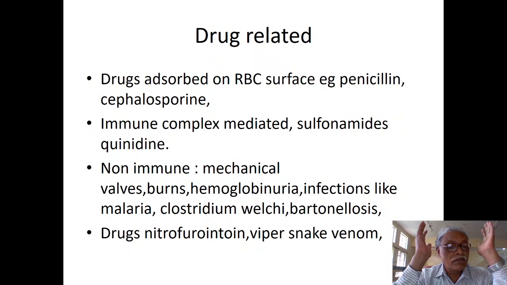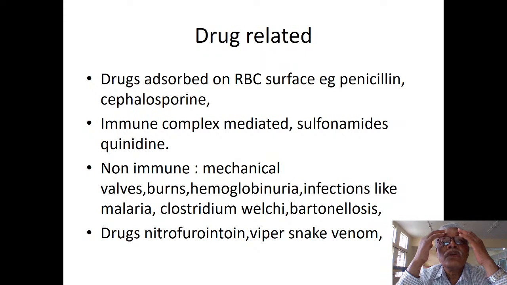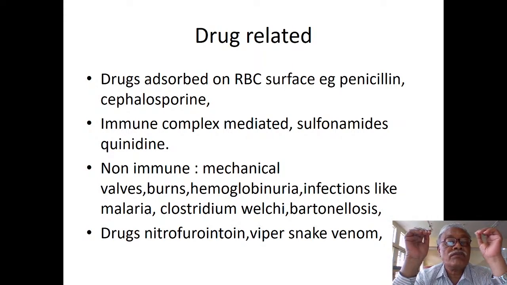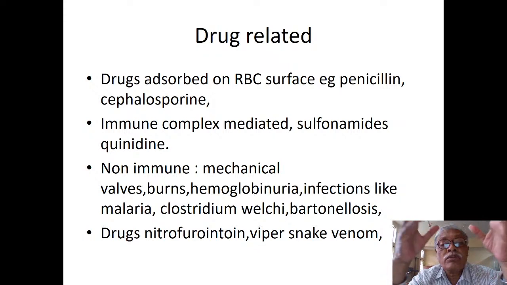Then some of them are drug related. The drugs which are adsorbed on the RBC surface, for example cephalosporin, penicillin, methyldopa. For the immune complex mediated type, sulfonamides and quinidine are also drugs which can produce autoimmune or immune-mediated destruction of RBCs.